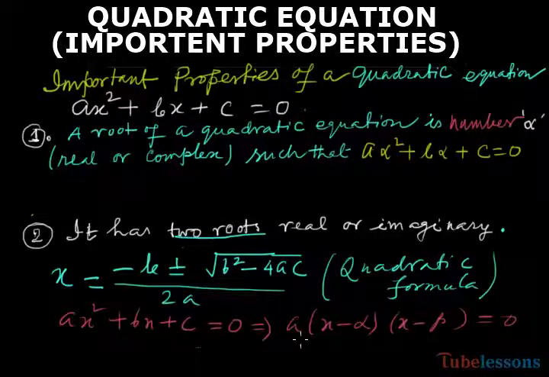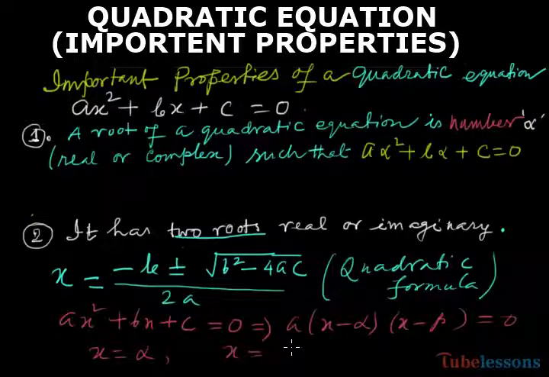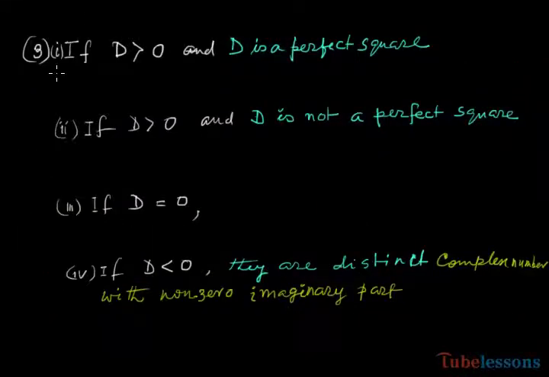From these two results, we'll get x is equal to alpha and x is equal to beta as two roots. In the quadratic formula, we obtain x is equal to minus b plus minus root over d by 2a. This d is called discriminant, that we know.